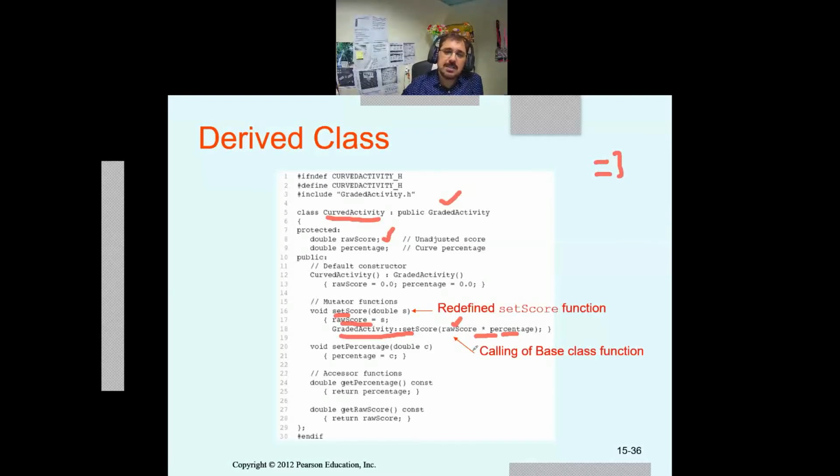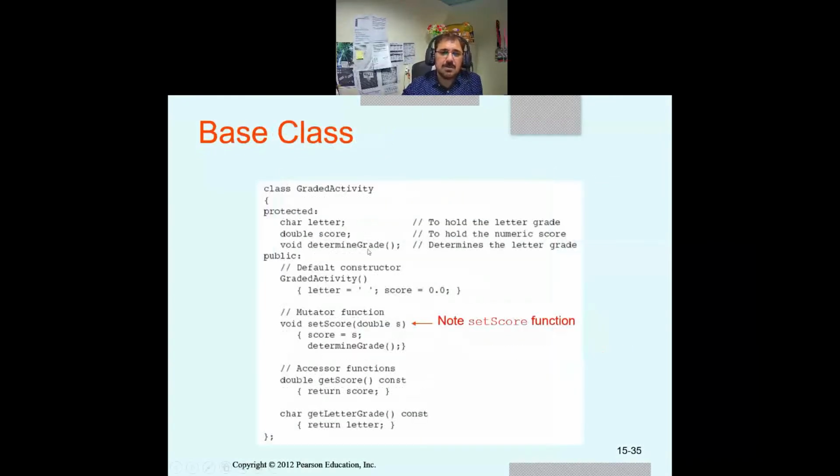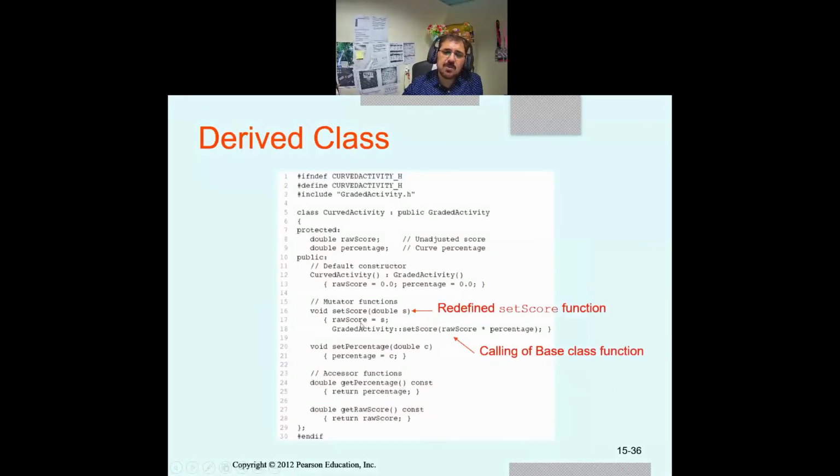So you see, this is the redefining: the same setScore function is in the parent class also, in GradeActivity. I will show you once again. The same function is present there also. You see setScore here, and the same function setScore is here also.